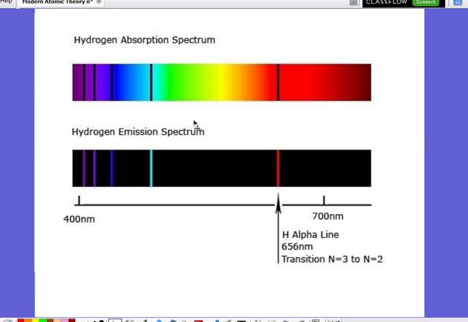But if you shoot yellow light at hydrogen, you get nothing. It doesn't get excited, just like it's not being absorbed. But at this one wavelength here, if you shoot that wavelength of light at hydrogen, it will get absorbed, and then it will be released also. That's pretty cool.